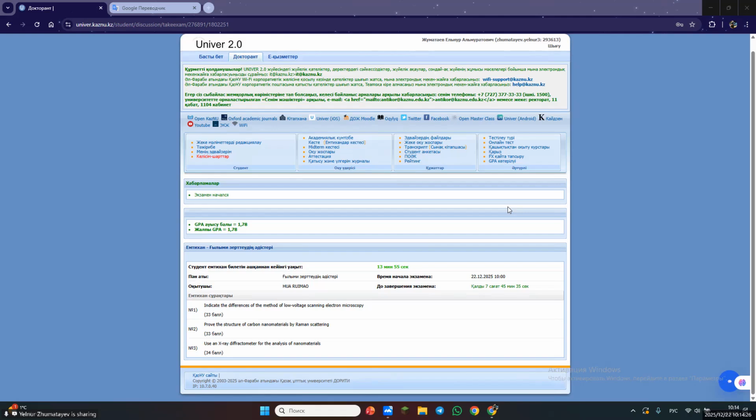The next question is: use an X-ray diffractometer for the analysis of nanomaterials. An X-ray diffractometer is a fundamental analytical tool used for the structural characterization of nanomaterials, providing information about crystal structure, phase composition, crystallite size, and lattice parameters.